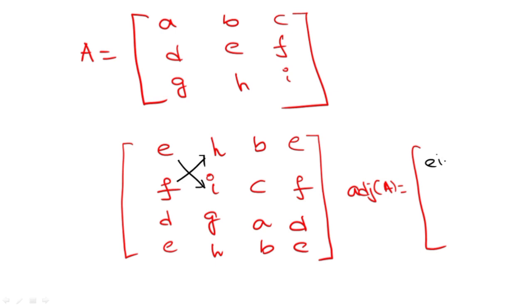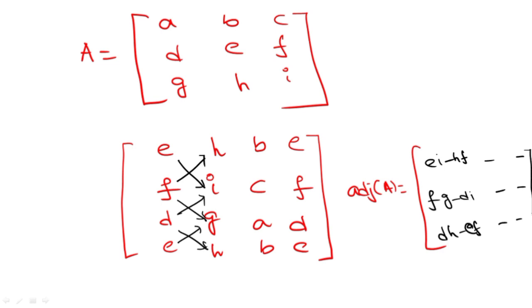Similarly, FG minus DI, and here DH minus EG. Likewise for all. That gives the adjoint directly. I'll show you this by an example.